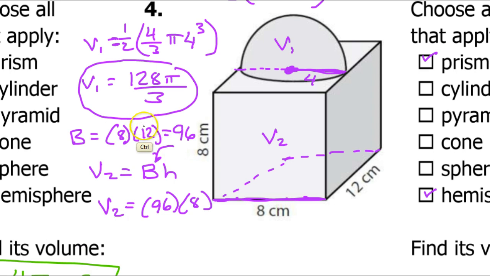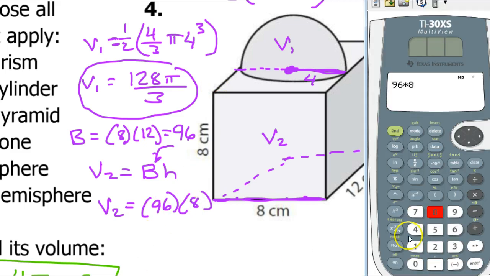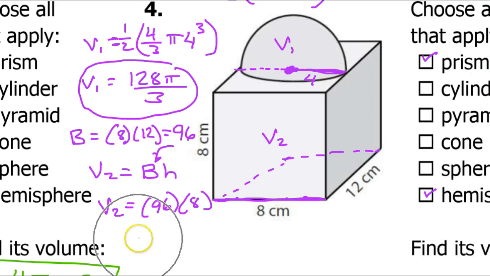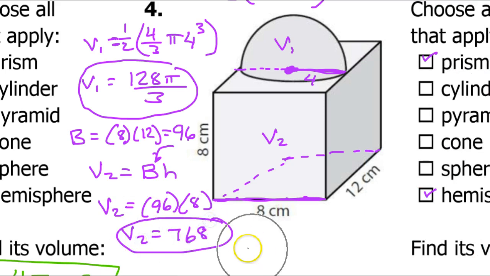I accidentally wrote 13 for a second. That was 12. Anyway, the 96 goes in for the base, and then the height is 8, so that's 96 times 8. So that's 768. So volume 2 is 768. So the total volume is going to be volume 1 plus volume 2.